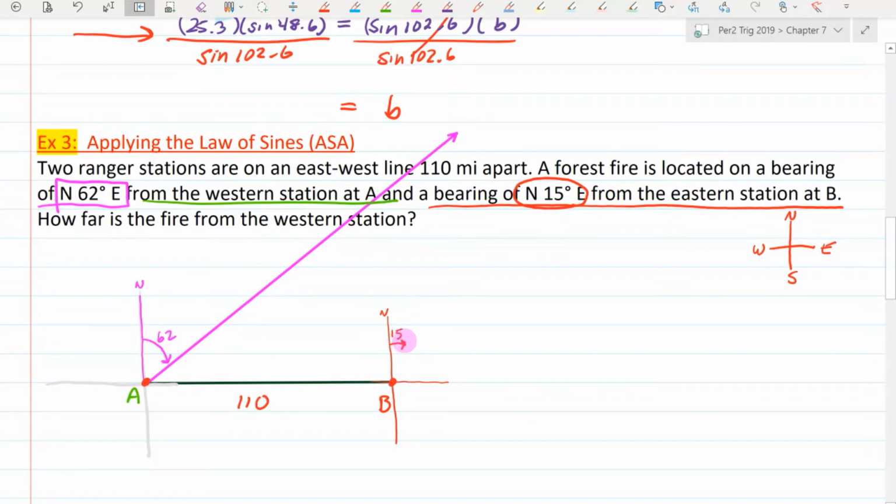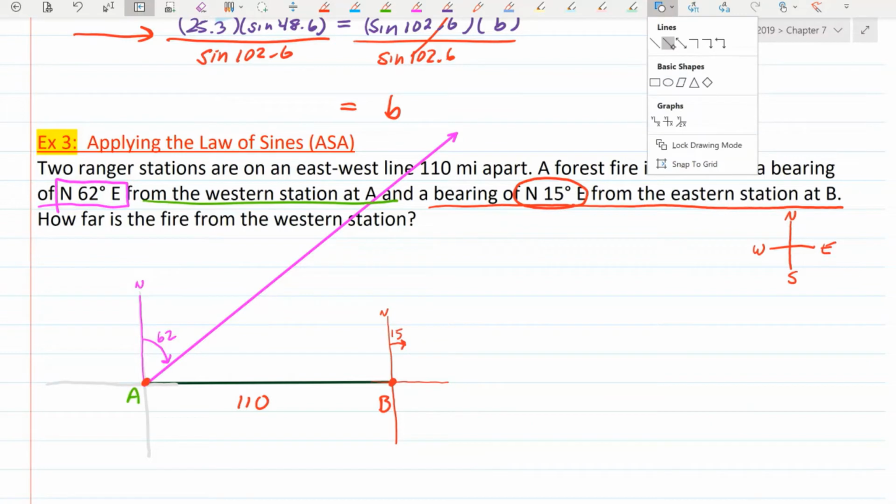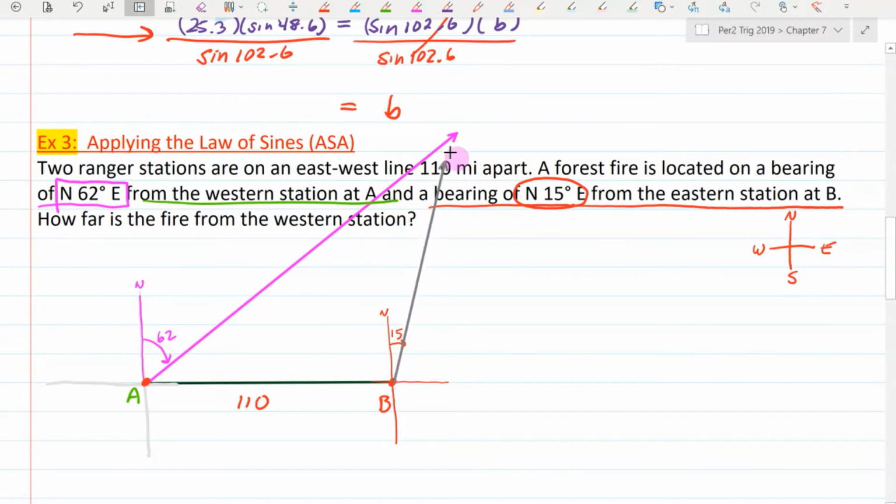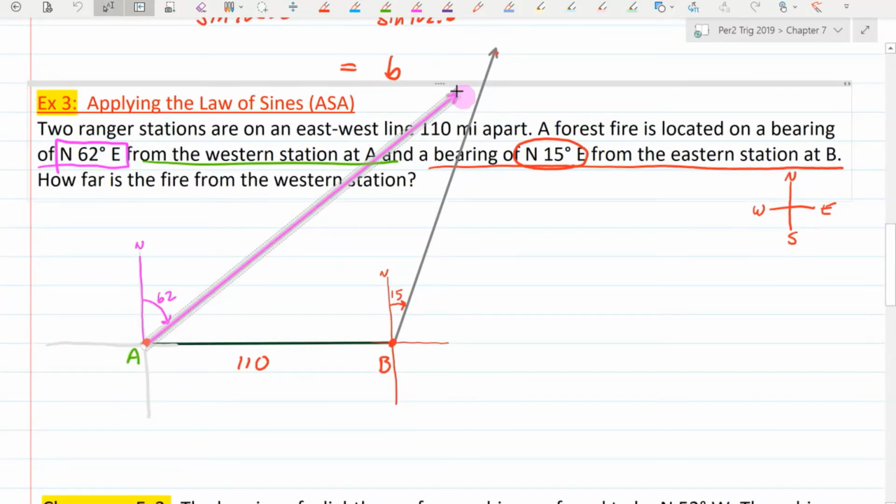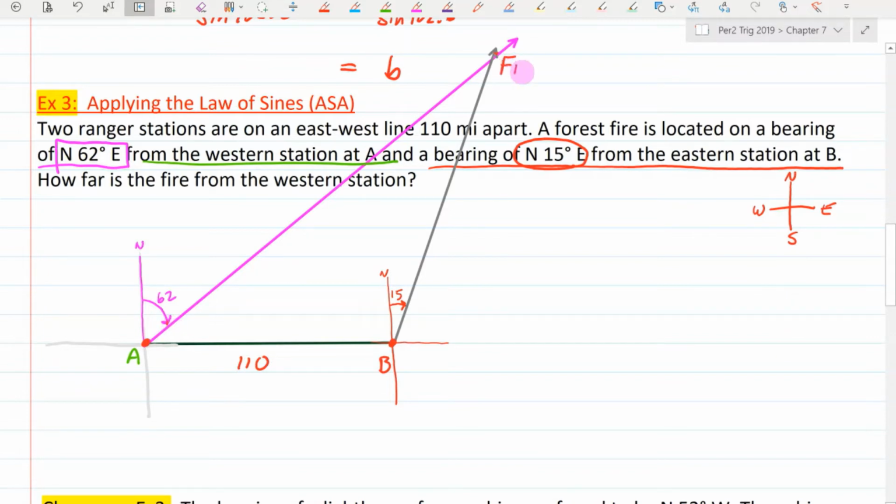It's still going to the right. All right, so that means that the fire is out here, and I would like you to actually label A, B, and fire.